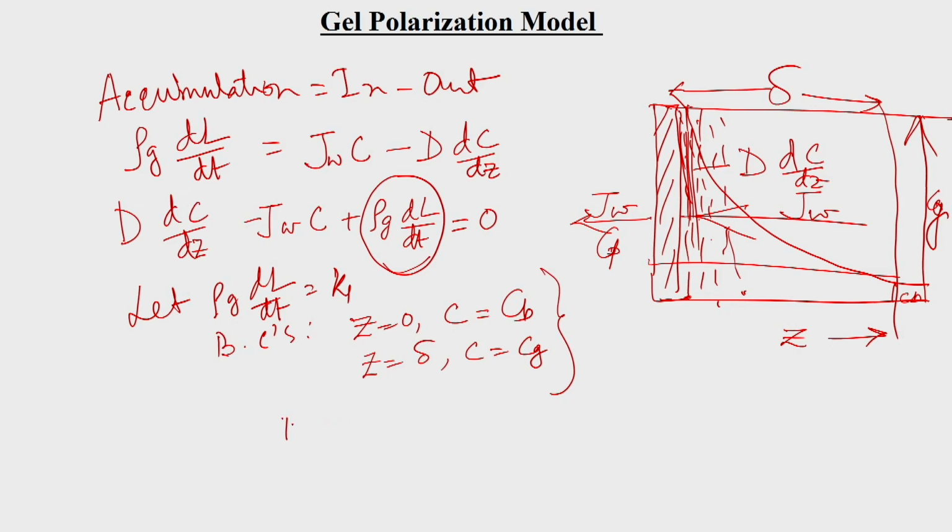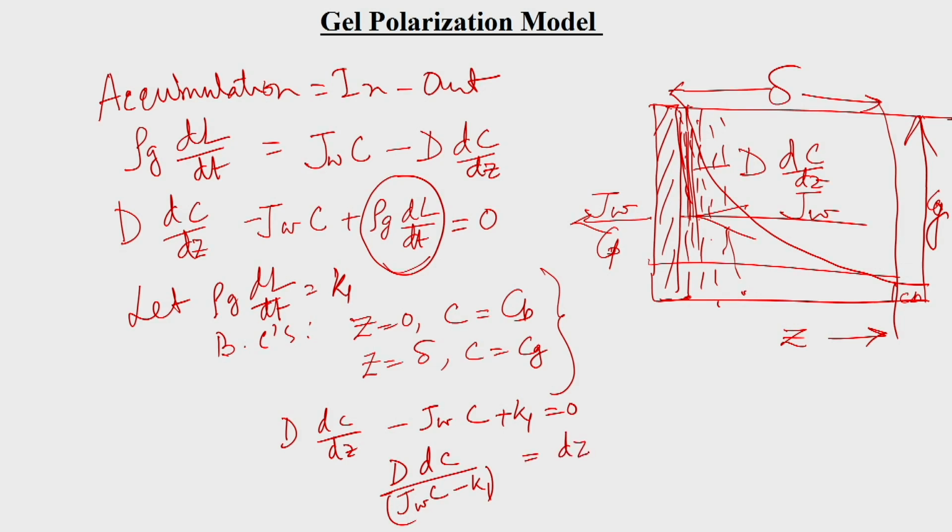In that case, D dc/dz minus Jw into C plus k1 will be equal to 0, or we can say D dc divided by (Jw into C minus k1) is equal to dz. Now, we will be doing the integration from 0 to delta, and it will be from Cb to Cm. If we take the reverse one also, there will be no problem.